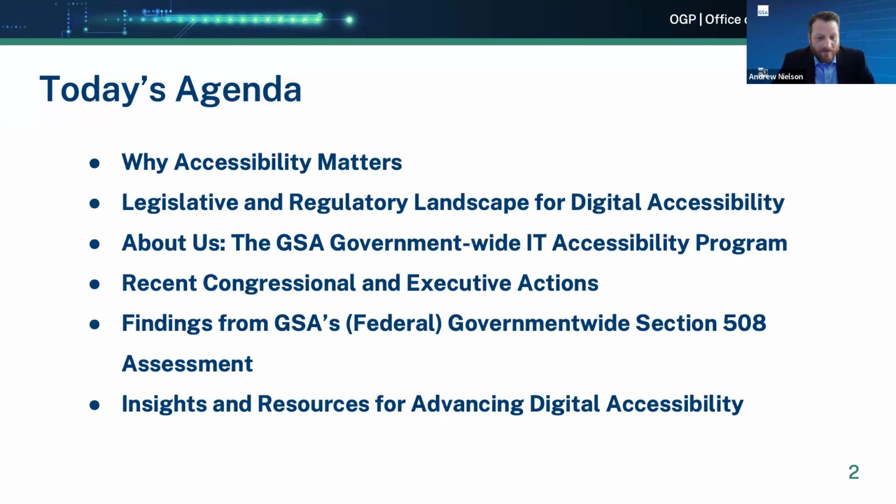And then really the meat of it is I want to share some insights that we've gained from a report that we produced in response to Congress about the accessibility of federal agencies' information and communication technologies. And in particular, I want to offer some insights that you might be able to use at Arizona State University or wherever you are.